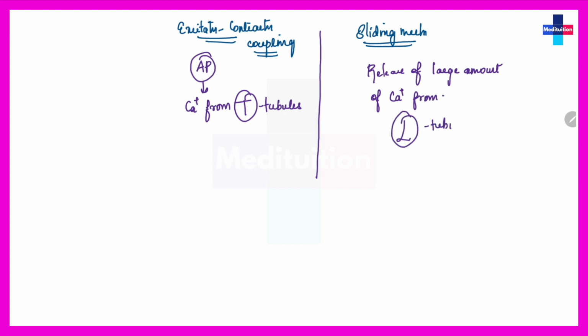This is the important difference I wanted you students to understand. So please make the difference between them. Both lead to contraction of skeletal muscle. Both have the same function, which means they contract the skeletal muscle. But this is the difference between them.